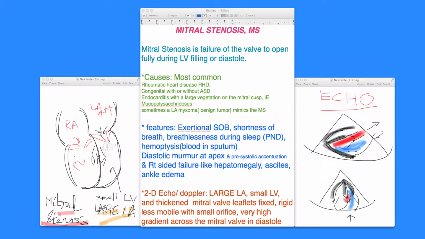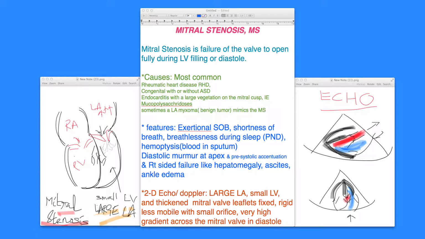Now, in a setting where the valve is rigid, thickened, fixed, or fails to open or moves very little and leaves only a small orifice open, that causes the left atrial pressure to become higher and higher.